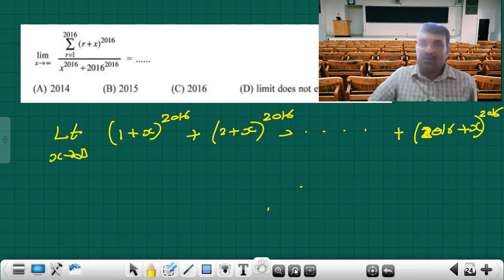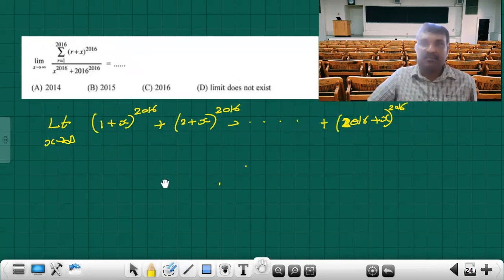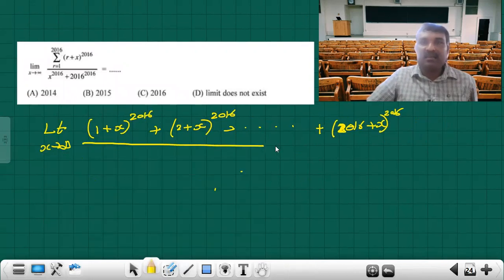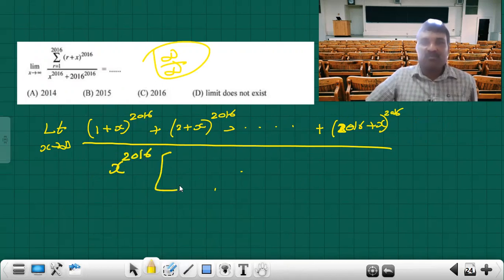Now this divided by, actually this is infinity by infinity form, so that is indeterminate. I'm taking x raised to 2016 common from the denominator. So we can write this as (1 plus 2016 divided by x) all raised to 2016.